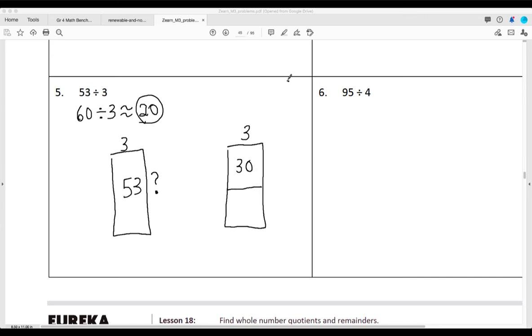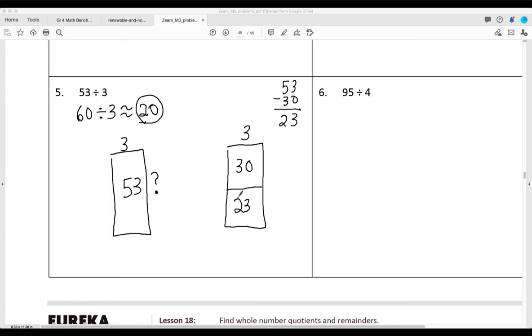Well, if I do 53 minus 30, how many do I have left over? I have 23. Notice I'm not going to put 23 here, because nothing times 3 gives me 23. That is not a good number to use.